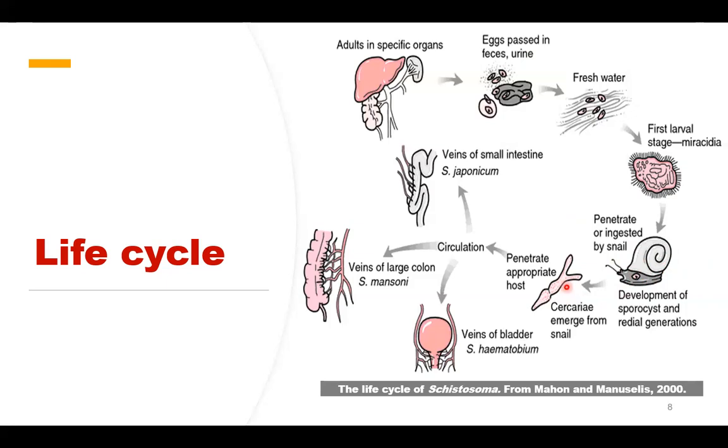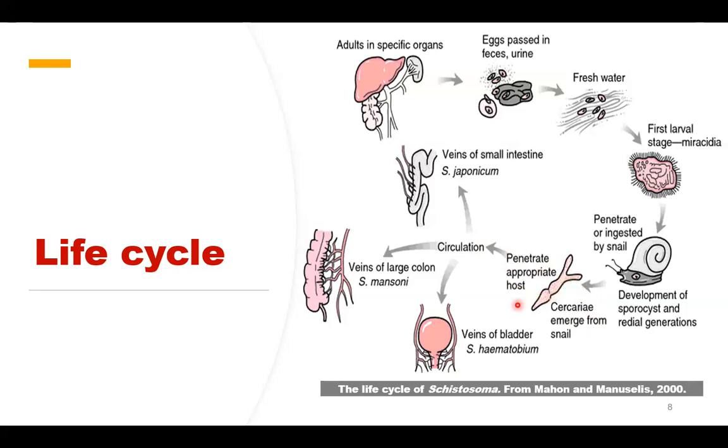The cercaria are the infective stage of this parasite. So when an uninfected person comes to fetch water, to swim, or wades through the contaminated water, the cercaria are going to penetrate the intact skin. Once they do that, they're going to lose the tail.